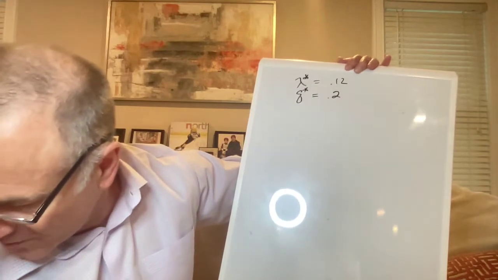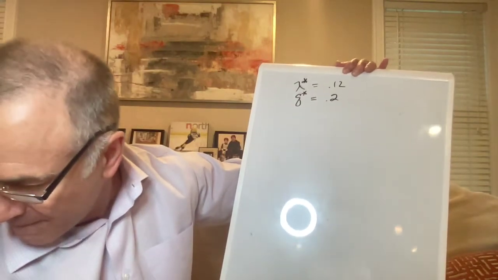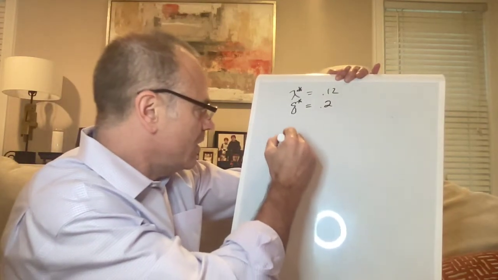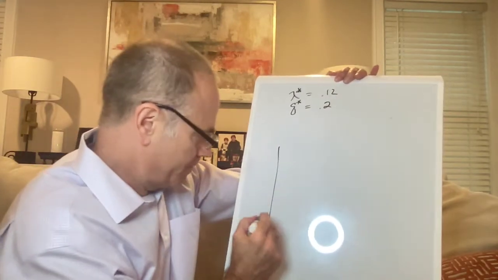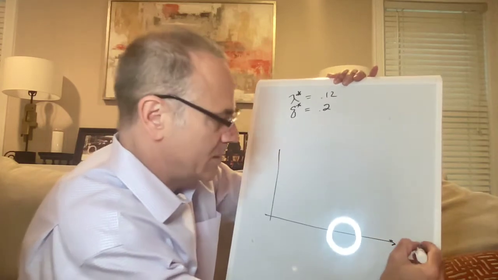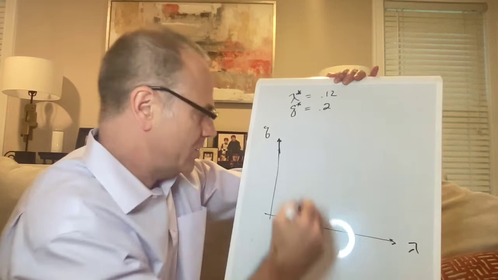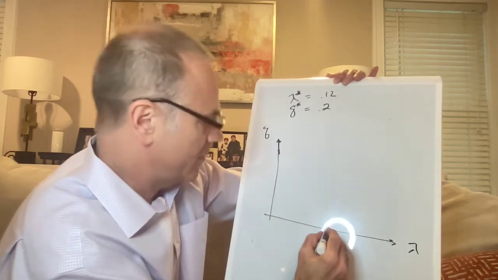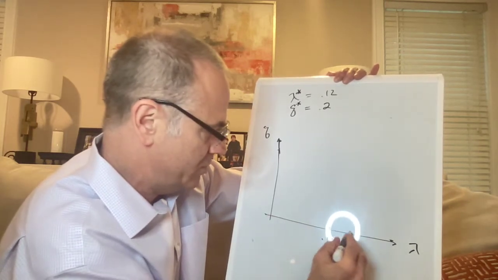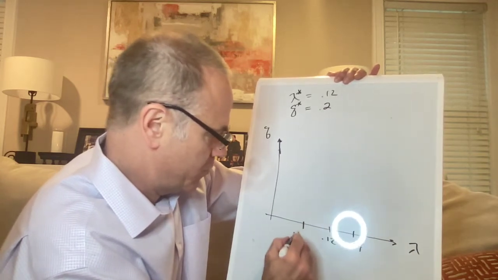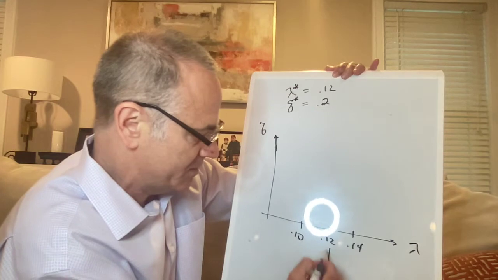So if we assume for the moment that's what they are, what I want you to do is, let's call that lambda, and this is Q, and then we're going to have a lambda of 0.12, lambda of 0.14, lambda of 0.10. So this is lambda star.